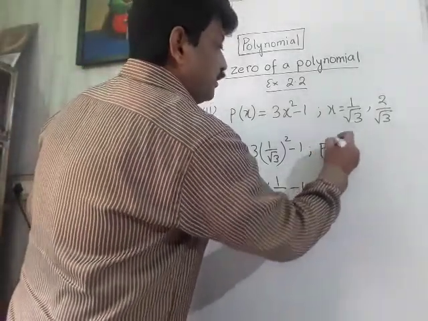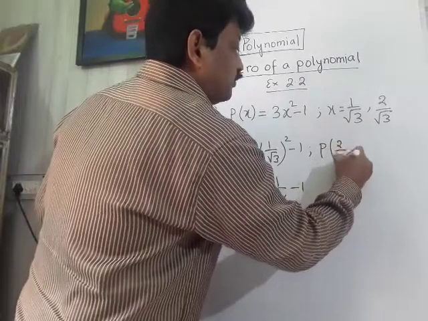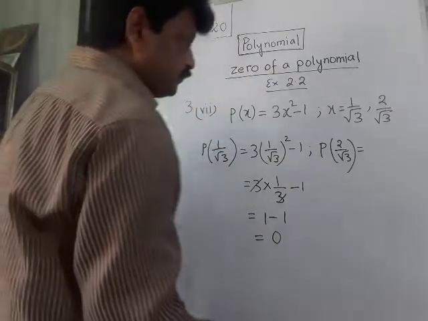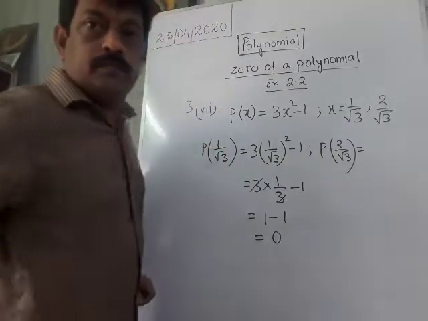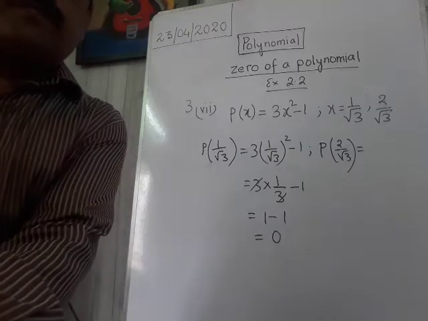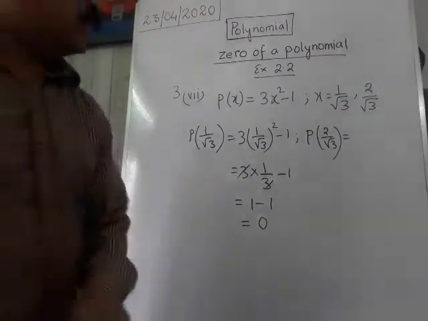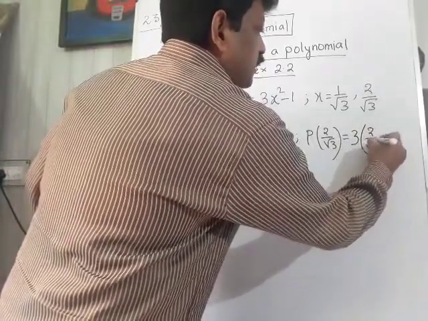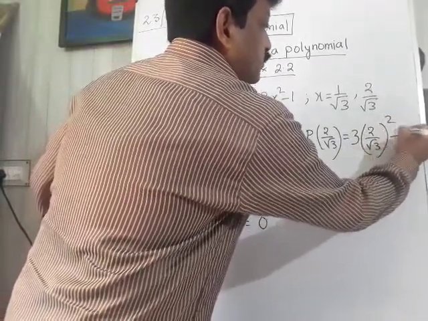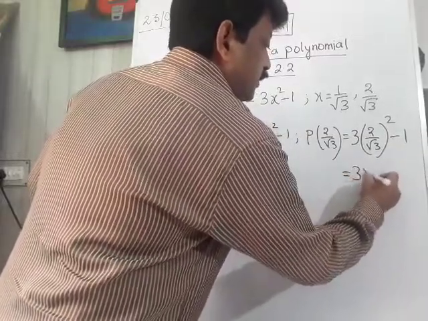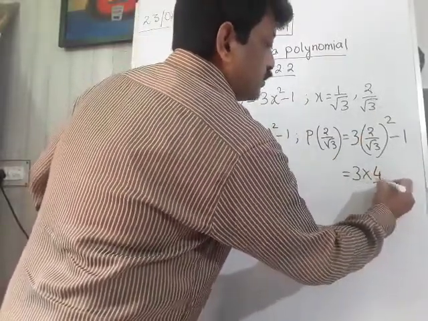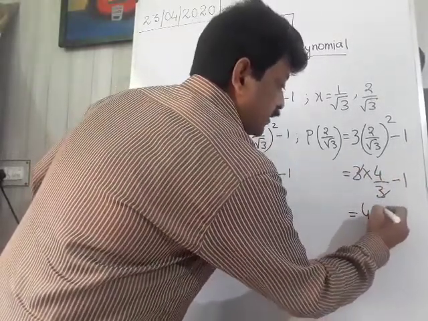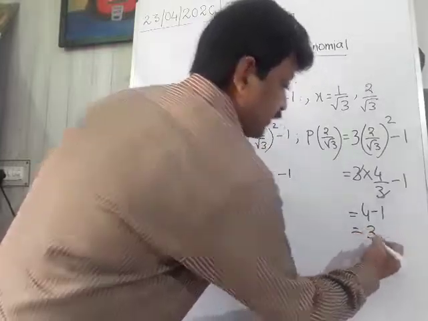Here p(2 upon root 3), so it is 3 into 2 upon root 3 squared minus 1, so that will give 3 into 2 square, which is 4, root 3 square is 3, minus 1. 3 gets cancelled, 4 minus 1, that is 3.